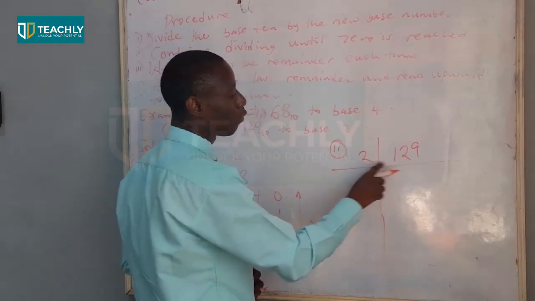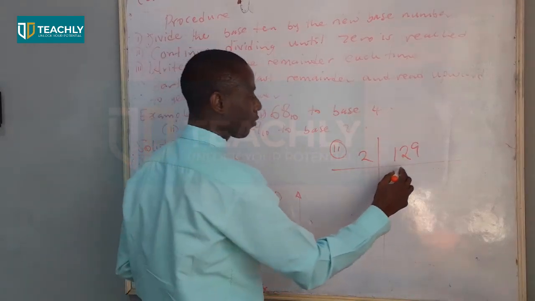Starting at 2, how many 2s will you find in 12? We are going to see 6.